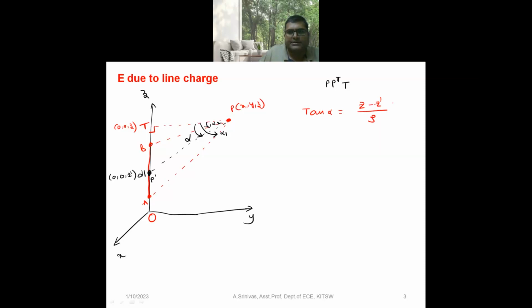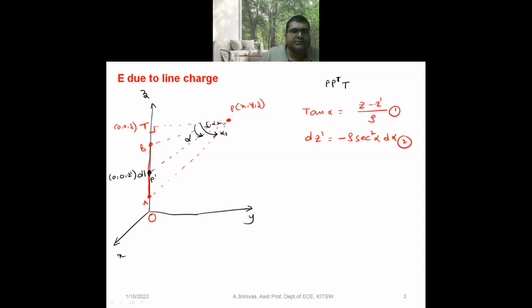Let it be equation number 1. And from this dz dash is equal to minus rho secant square alpha d alpha. Let it be equation number 2.